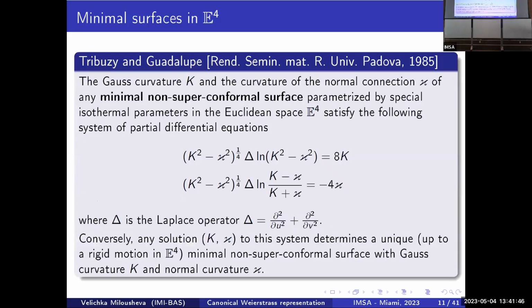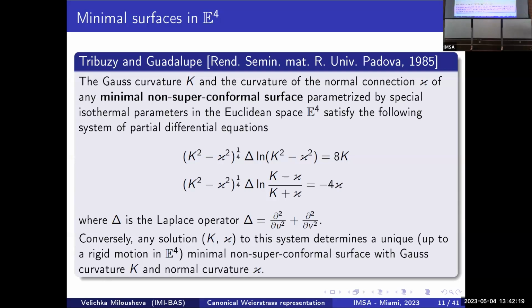About the general class, we have this theorem of Tribuzy and Guadalupe from 1985, which states that the Gauss curvature K and the curvature of the normal connection kappa of any minimal non-superconformal surface parameterized by special isothermal parameters satisfy this system of partial differential equations given on the slide, where delta is the Laplace operator.